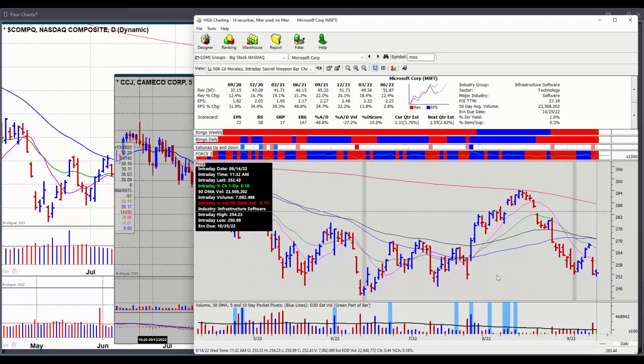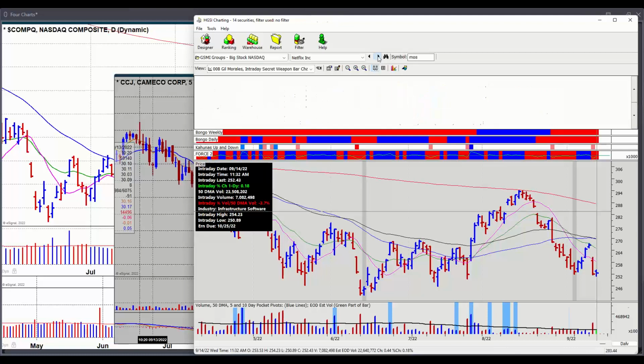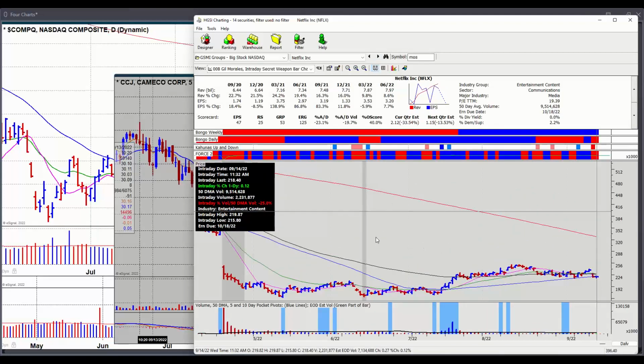Microsoft has not been added to it, but it's also considered a low PE name. 27.39 times trailing 12. What's the growth rate on Microsoft these days? You know what that is, Chris? It's been pretty low, hasn't it? Yeah. So how are you going to justify a big 27 PE on something that's growing in single digits?